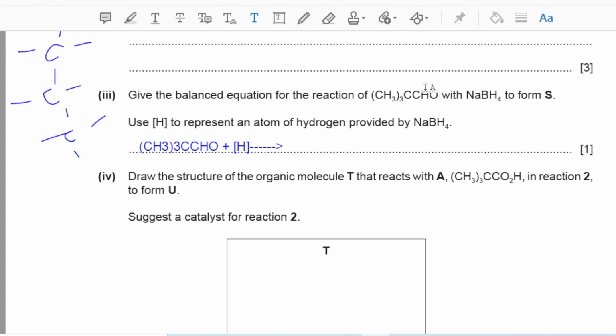So reduction of an aldehyde gives a primary alcohol. I should write a 2 to balance the equation.